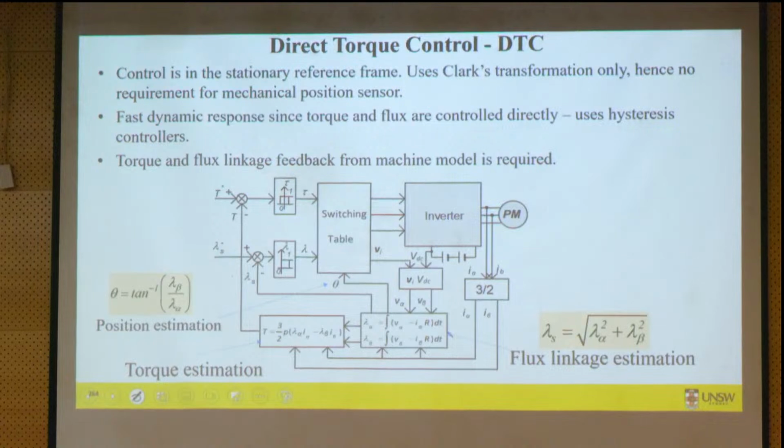So for IPMSM, we do a transformation, but this is a stationary frame transformation: I alpha, I beta. To get I alpha and I beta, we don't need theta, right? The matrix is all numbers, because theta is 0, so we can simply calculate I alpha and I beta.